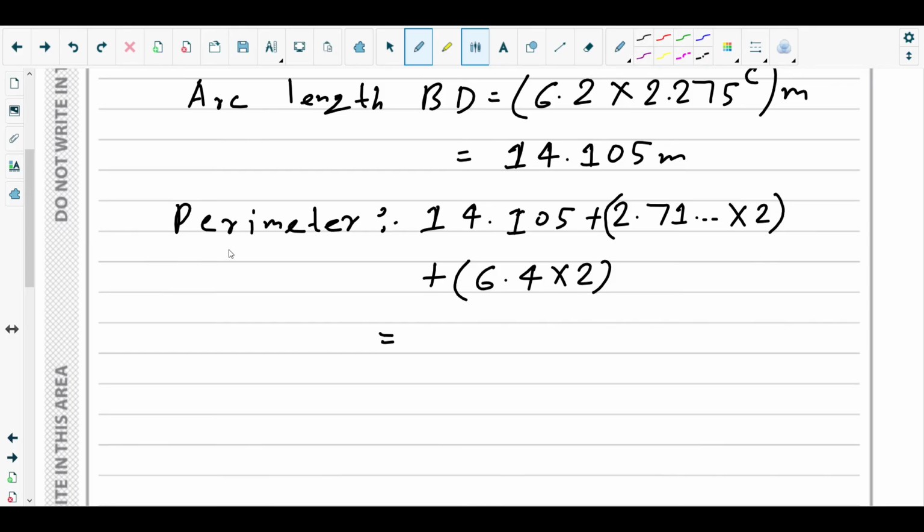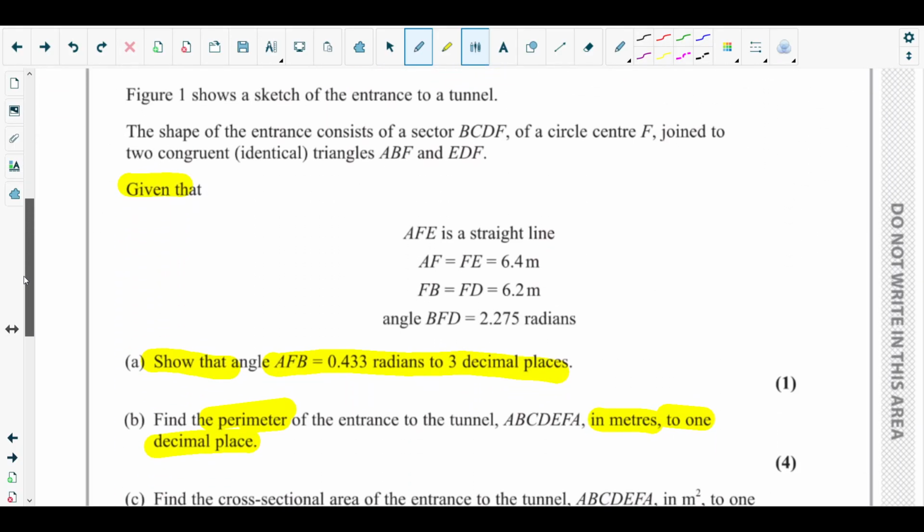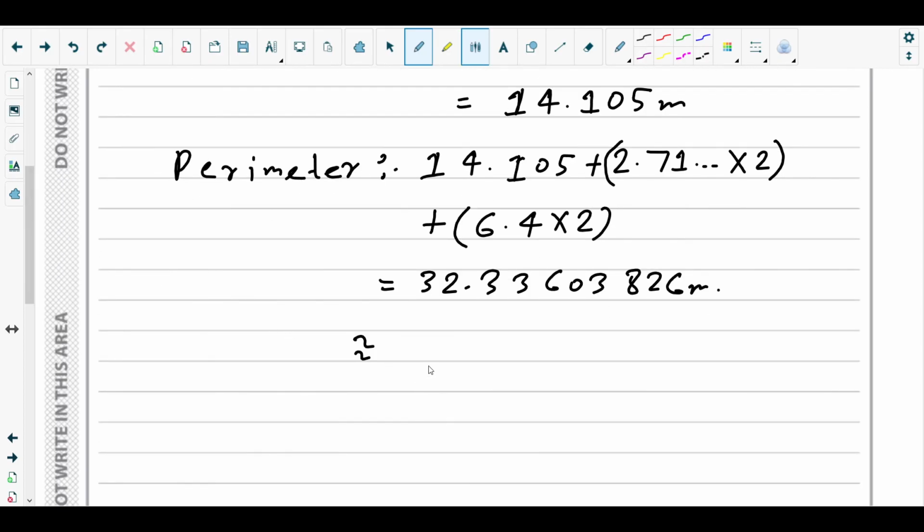So they wanted up till how many decimal places? I think 3 significant figures, or 1 decimal place. Since they wanted 1 decimal place, it will be the same: 3 significant figures and 1 decimal place. So this is 32.3. Done.